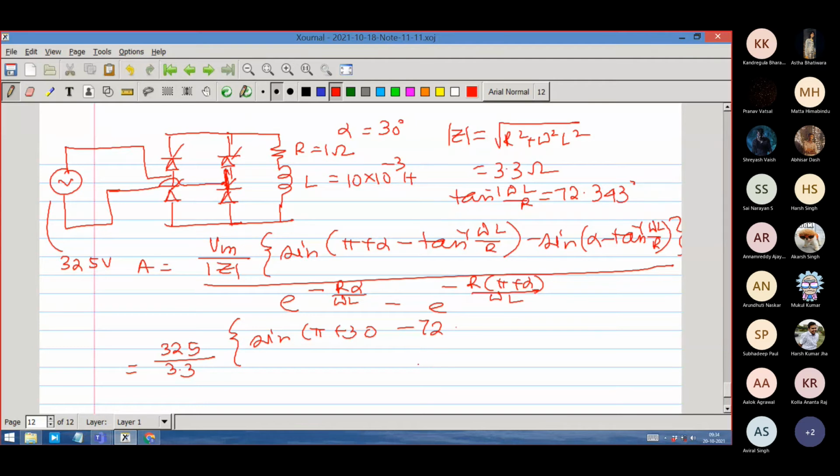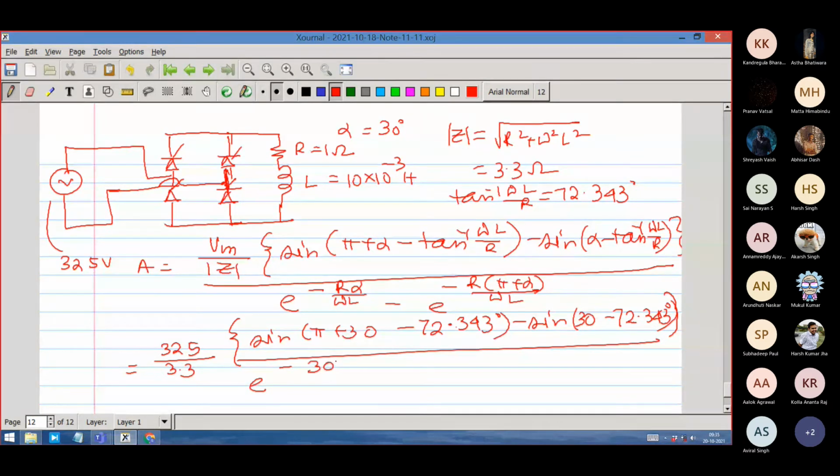So it is sine of pi plus 30 minus 72.343 degrees, minus sine of 30 minus 72.343 degrees, divided by e to the power minus 30 into pi by 180 divided by 2 into pi into 50 into 10 into 10 to the power minus 3, minus e to the power minus 1 by 2 pi into 50 into 10 into 10 to the power minus 3 into 210.